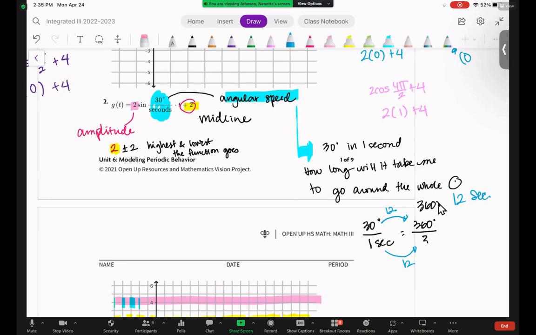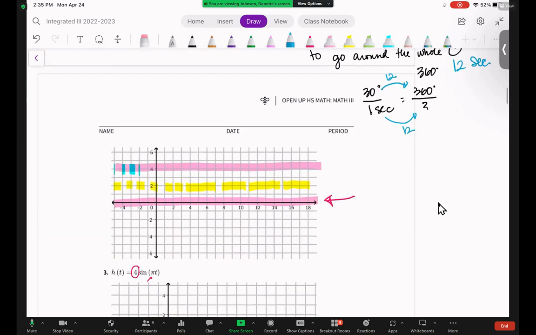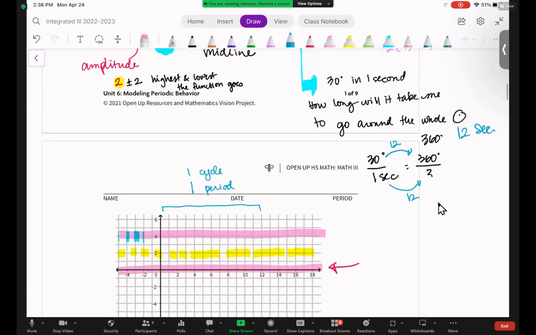Okay. So what does that mean? It means from here all the way to here is one period or one cycle. It's like Sunday, Monday, Tuesday, Wednesday, Thursday, Friday, Saturday. That's one cycle of a week. Now you're thinking, okay, Miss Johnson, I get it, but how do we actually graph this?